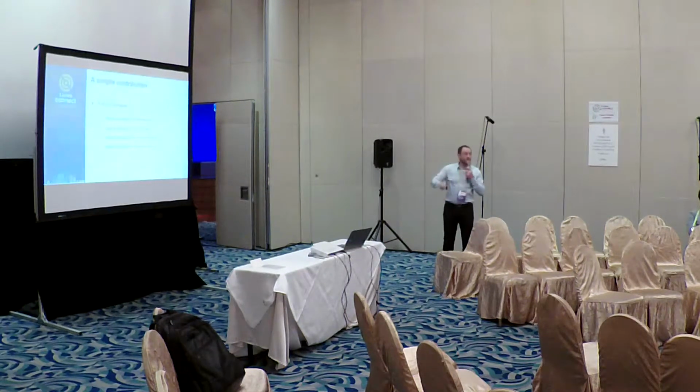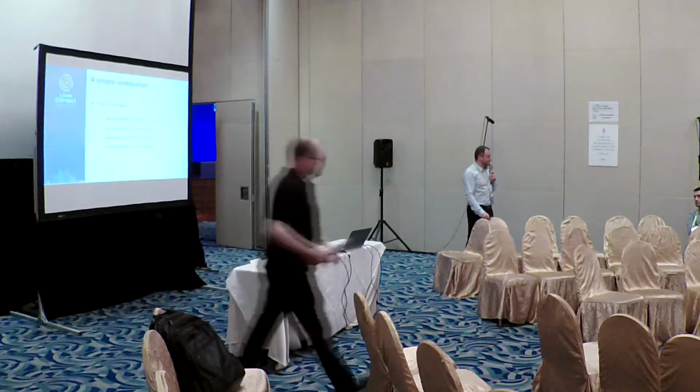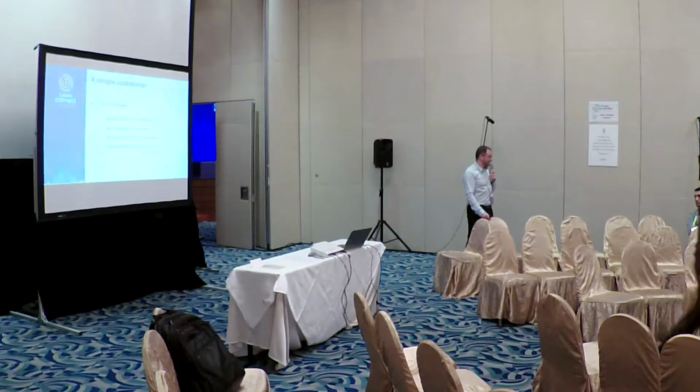So, quick question: trivial changes. I would guess that a comment is a trivial change. Yes. What would constitute a trivial change? Is there such a thing as a trivial code change?